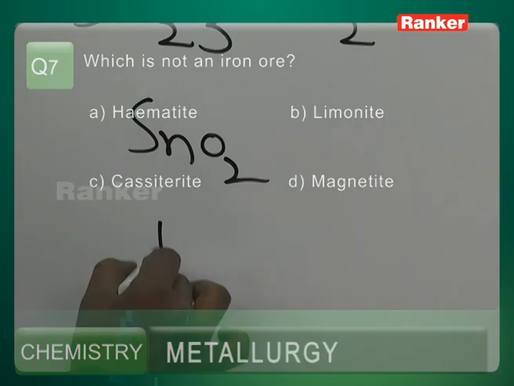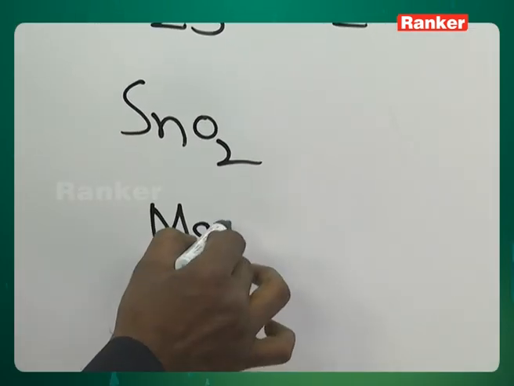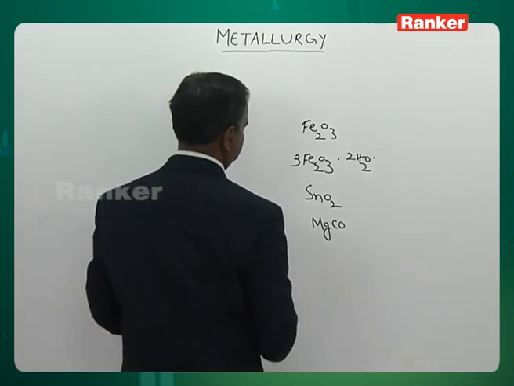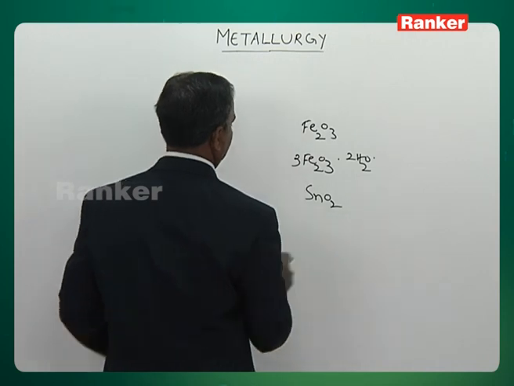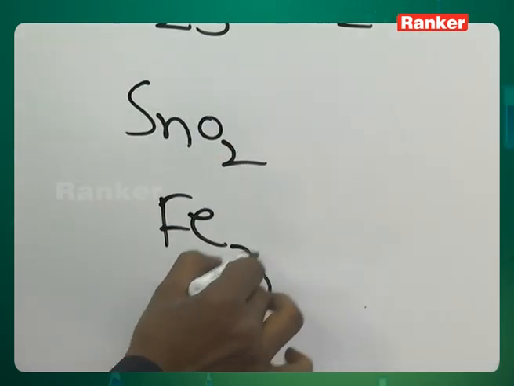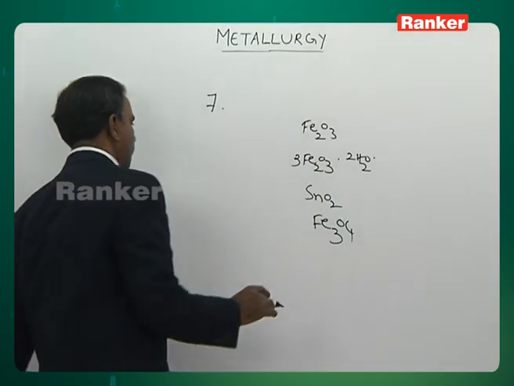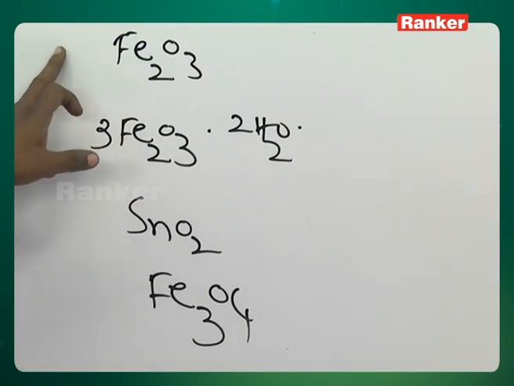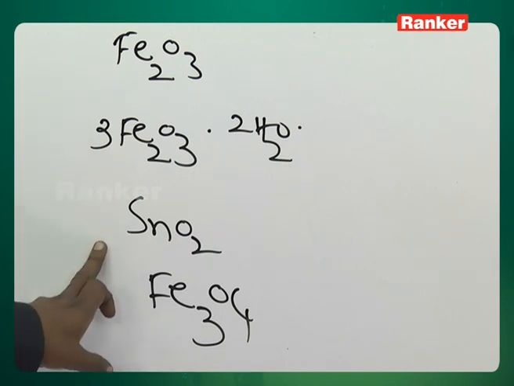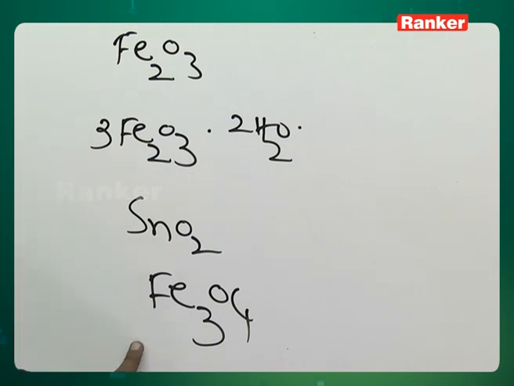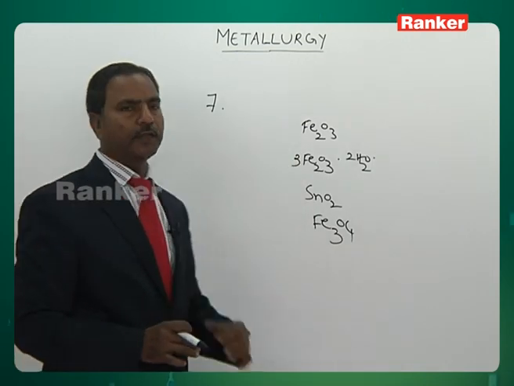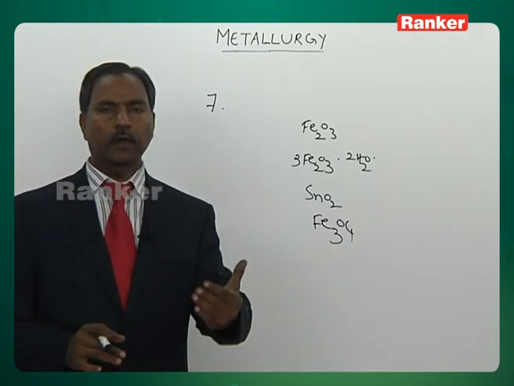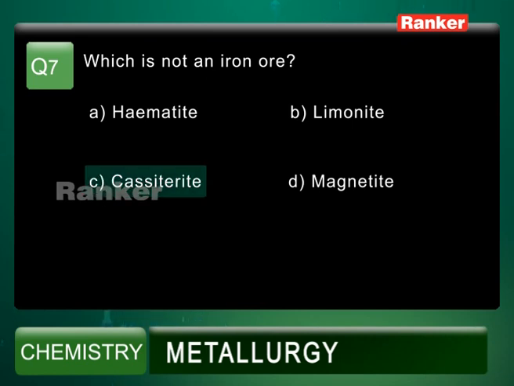D. Magnetite, Fe3O4. Here the question is, which is not an iron ore. This is hematite, this is limonite, this is tin stone or cassiterite, this is magnetite. In all these iron is there, but tin stone or cassiterite is the tin ore. Therefore, question number 7, answer is C.